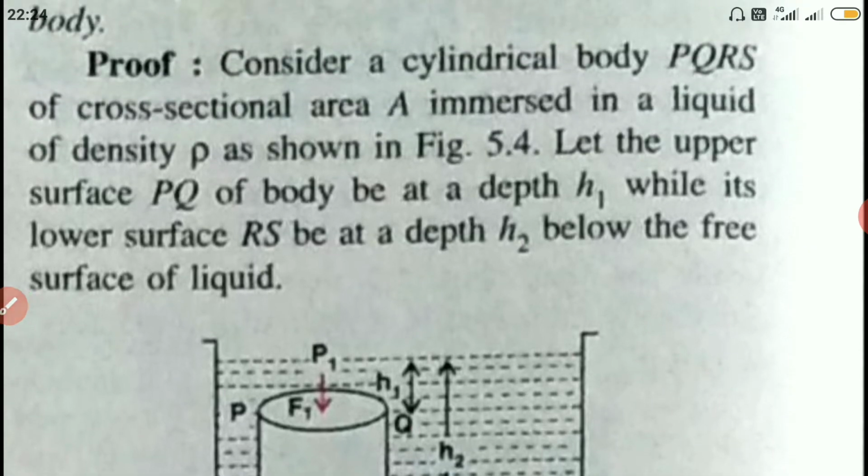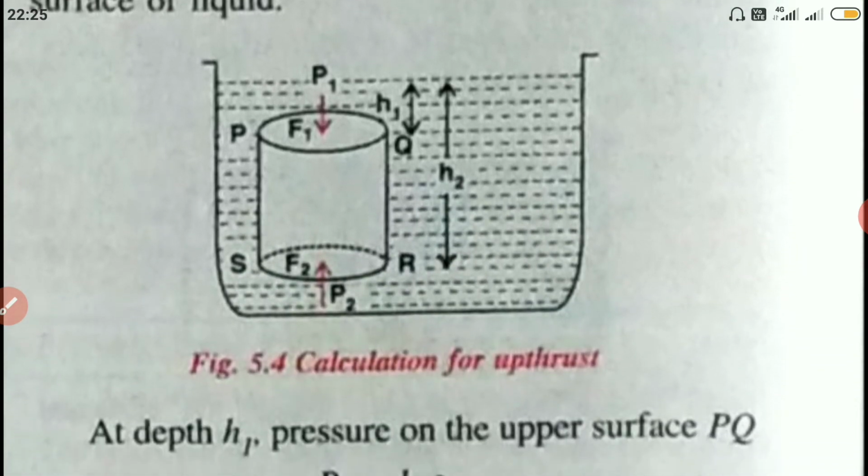Having the cross-sectional area A, immersed in the liquid of density rho as shown in the figure 5.4, let the upper surface PQ of the body be at a depth h1 while its lower surface RS be at a depth h2 below the surface of the liquid. Okay, so it is fully immersed here.